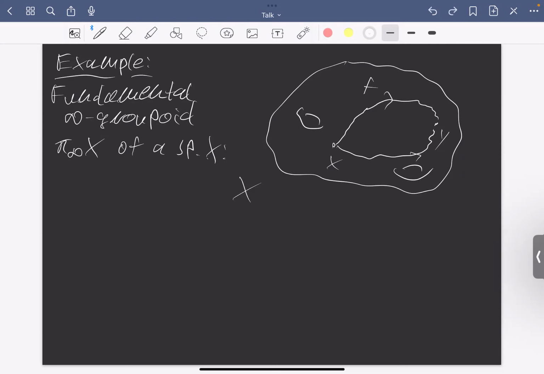Okay, maybe I want to call those paths P and Q or something, and then the two cells will be homotopies, and the three cells will be homotopies between those homotopies, and so on. So that's roughly what this construction looks like.